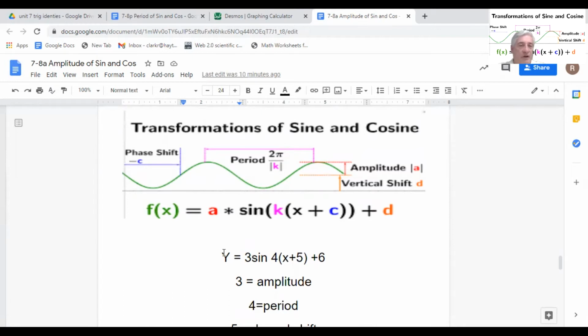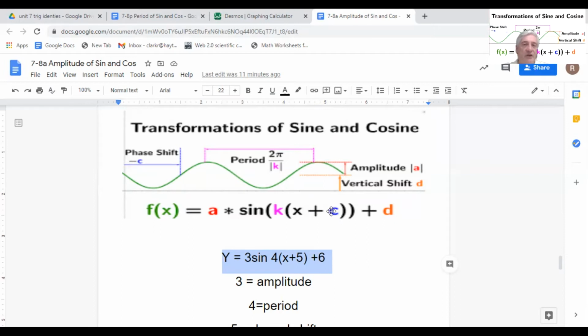In my illustration here, 3 is amplitude. K is period. When K is 1, the period is 2 pi. You're going to repeat our humps every 2 pi. We'll show you that when we get to the graph. Now, if you change K, you can compress the humps or you can widen the humps.